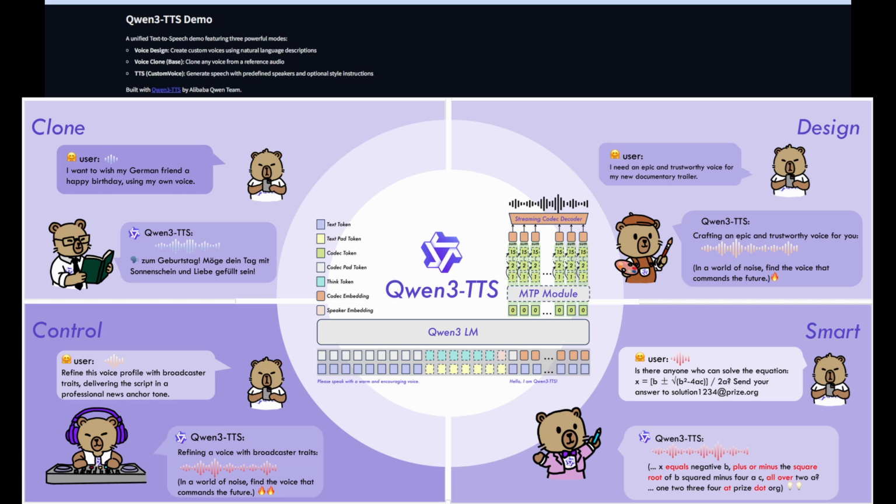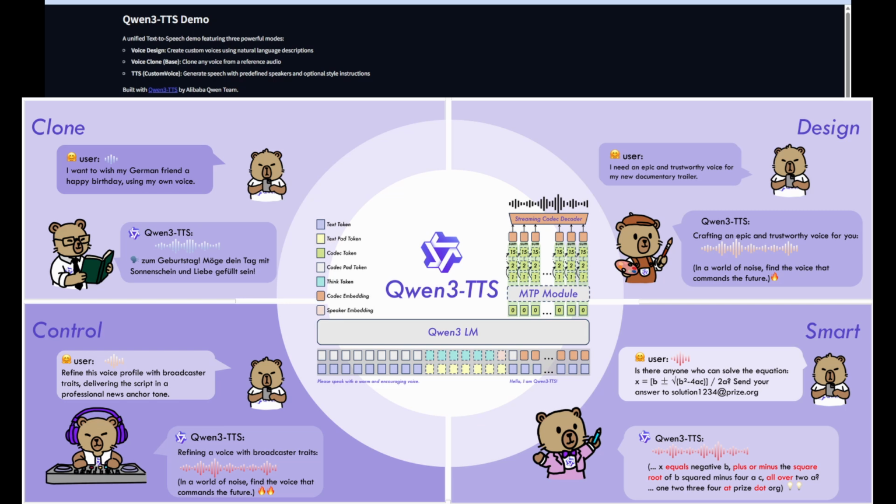And based on that specific prompt, the model generates a brand new voice from scratch based entirely on your text description, which is very, very similar to text to image. So that covers voice cloning when you feed it a reference audio clip and it clones that voice. And then we have the voice design where you create a voice basically from scratch by simply describing it.